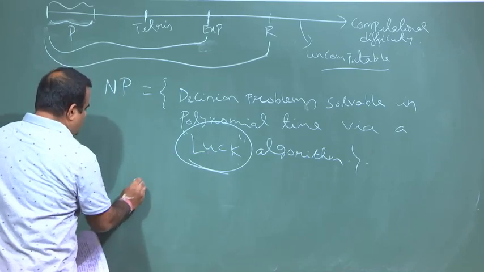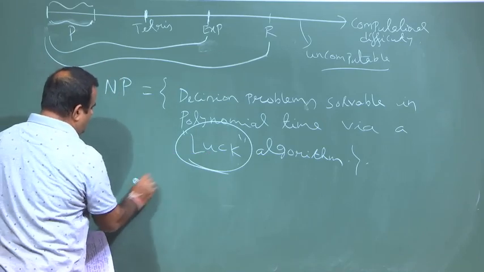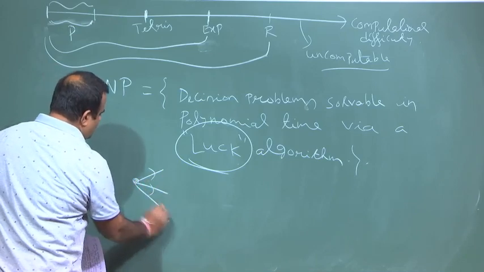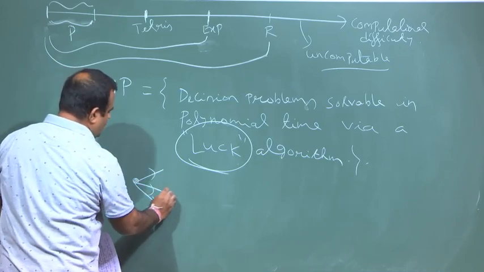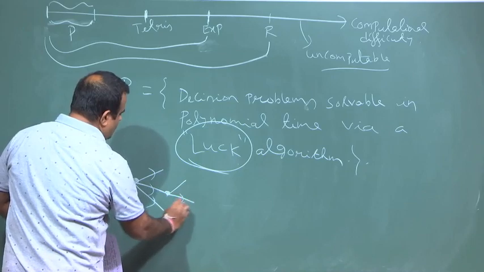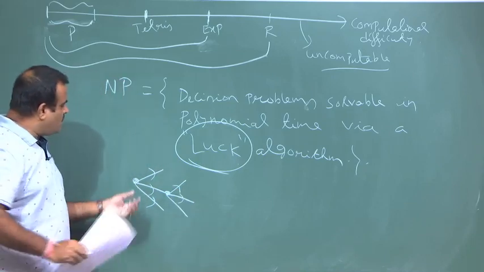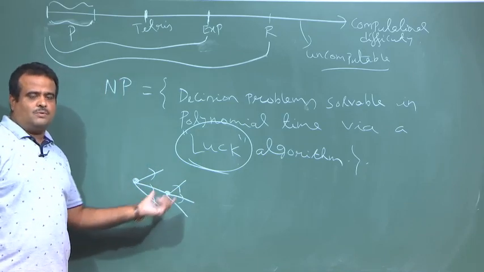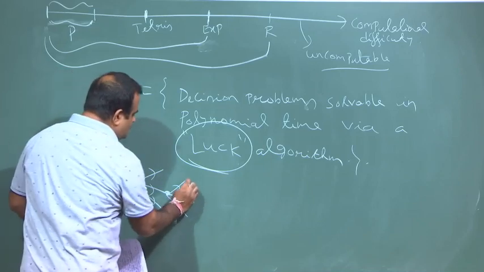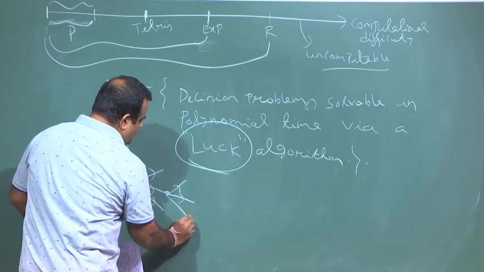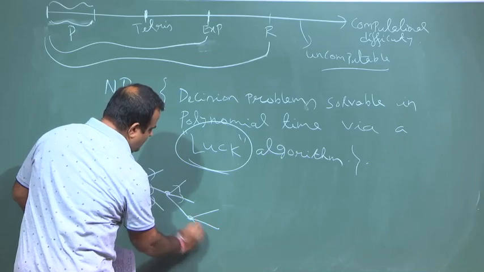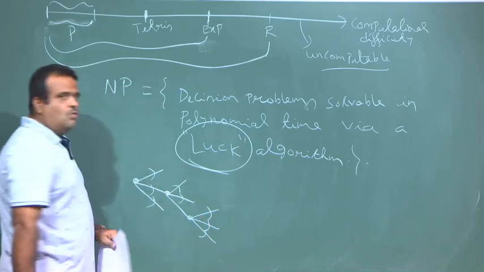Say this is a decision problem, and there are many possibilities over here. From here we can go like this. In a dynamic programming problem we explore all the ways. Now from here, say we are going like this, these are the possible moves.